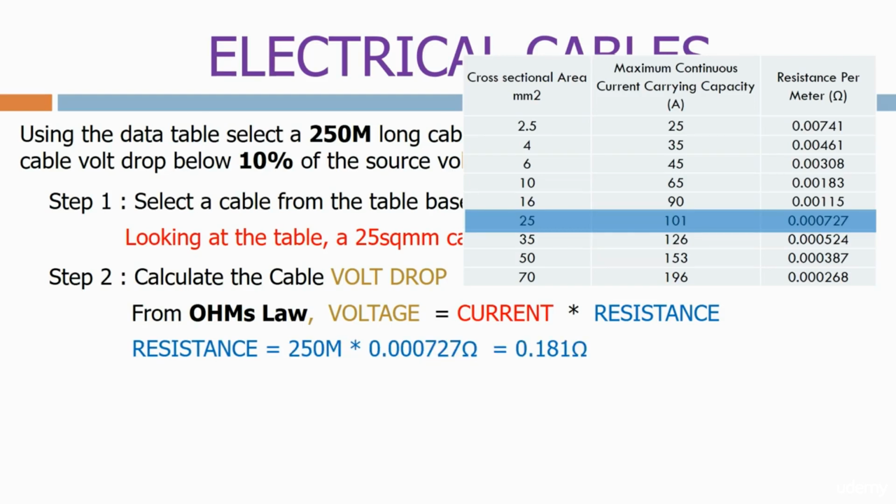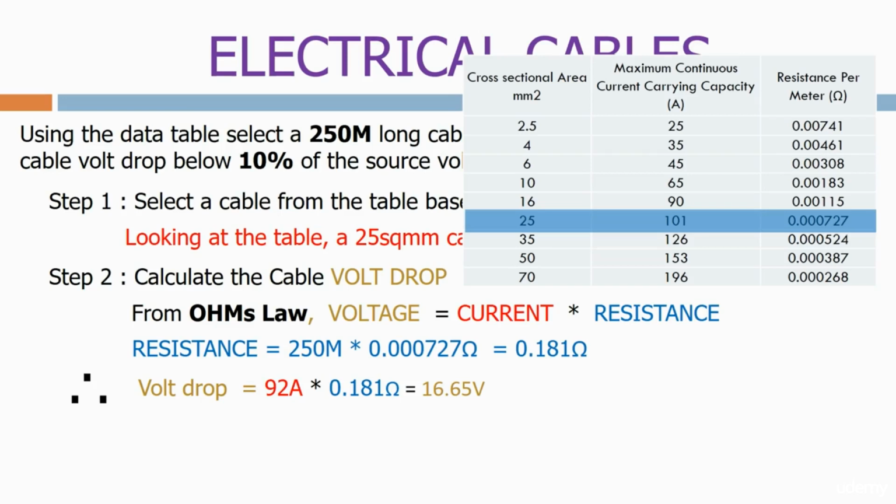Resistance equals 250 meters, which is the cable length, multiplied by 0.000727 ohms per meter from the cable table, equals 0.181 ohms. Therefore, volt drop equals 92 amps, which is the cable current, multiplied by 0.181 ohms from above, equals 16.65 volts.